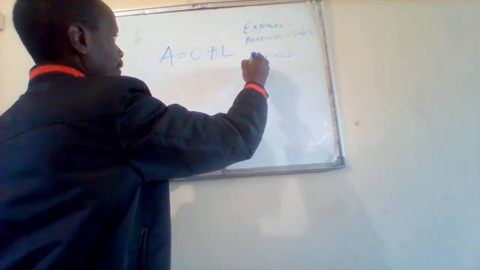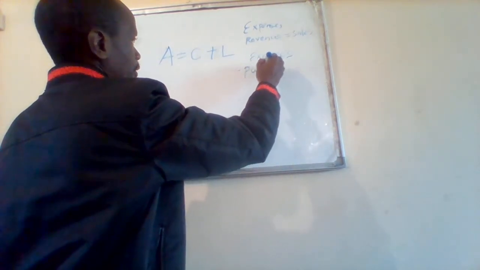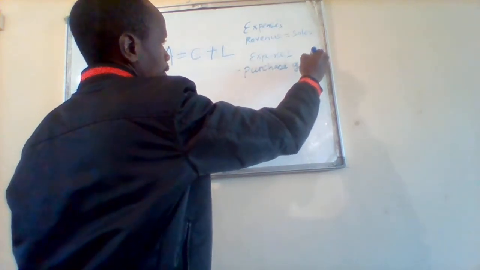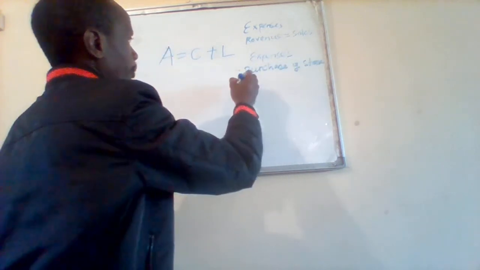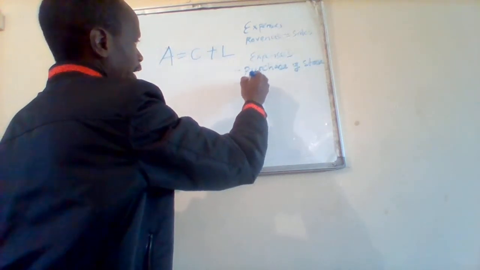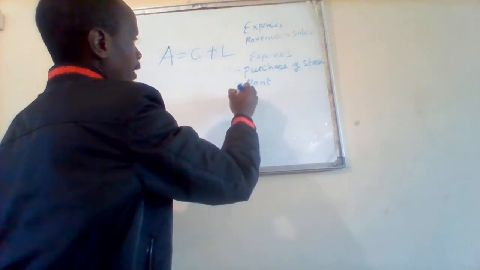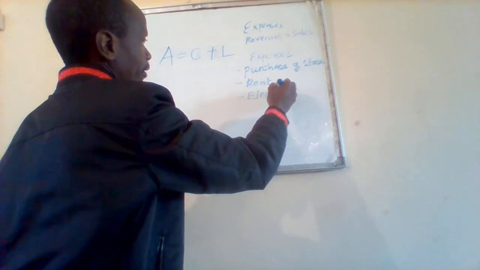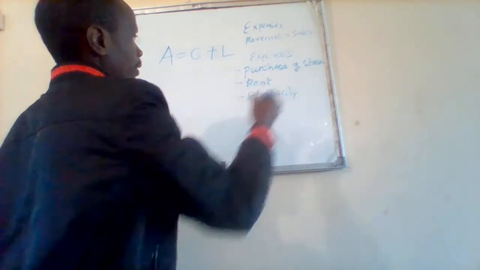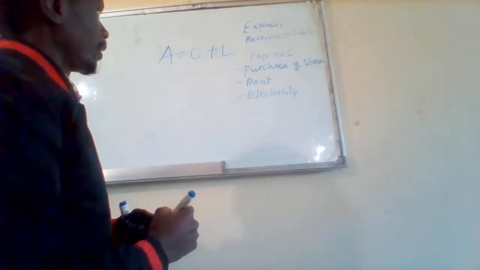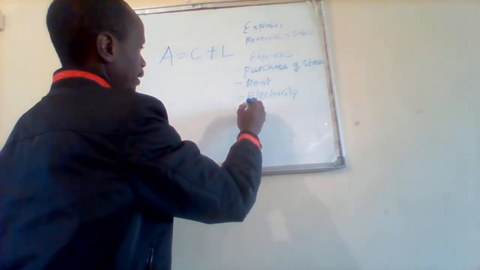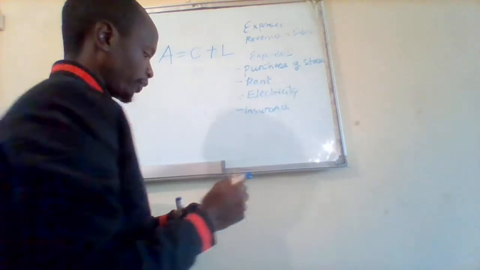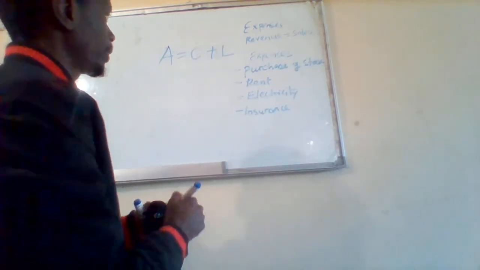I may have purchase of inventory, purchase of stock, rent that I pay, electricity that I pay, insurance that I pay for fire or for theft to protect me in case something happens.